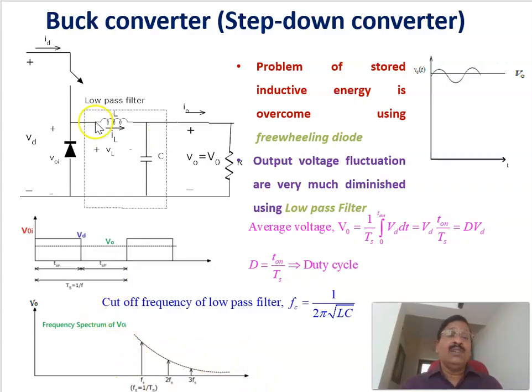For that, we will design a low pass filter to reject these frequencies, so that at the output we get only the DC component, which is equal to the average value of this voltage, D times the input voltage.